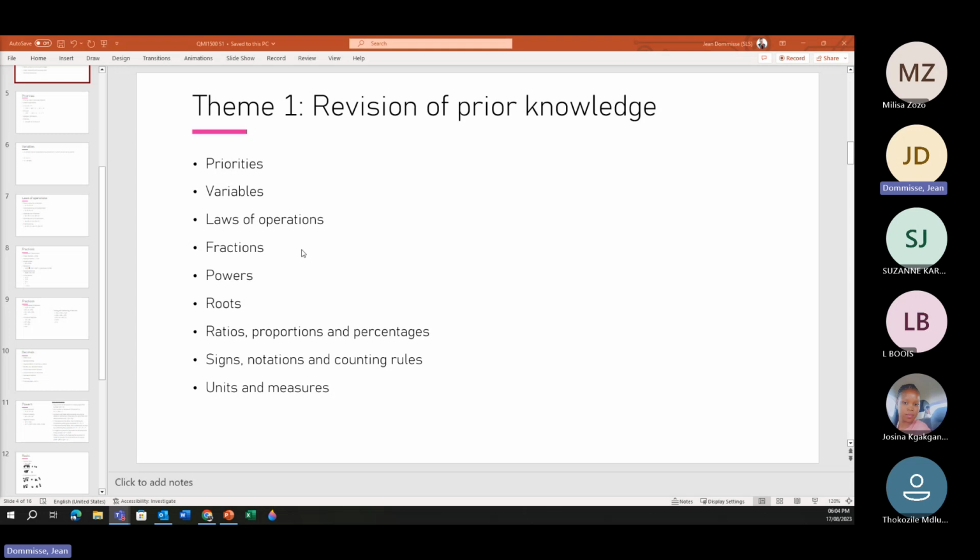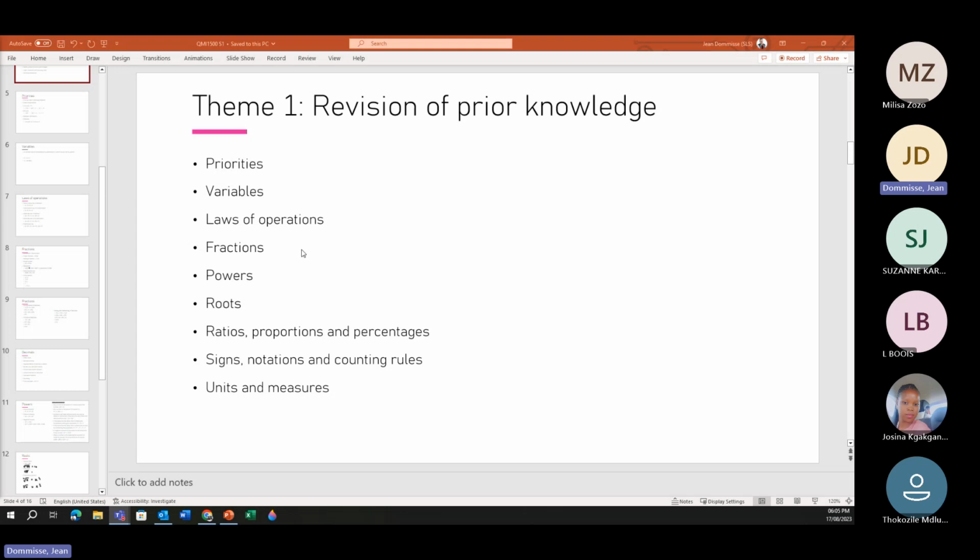So again, looking at maths that you guys should have had in high school. We just nearly do a recap of that. We look at what variables is. We look at laws of operation, because it's important, as we always ask 1 or 2 questions on that in your assignments, and definitely in your final assignment.